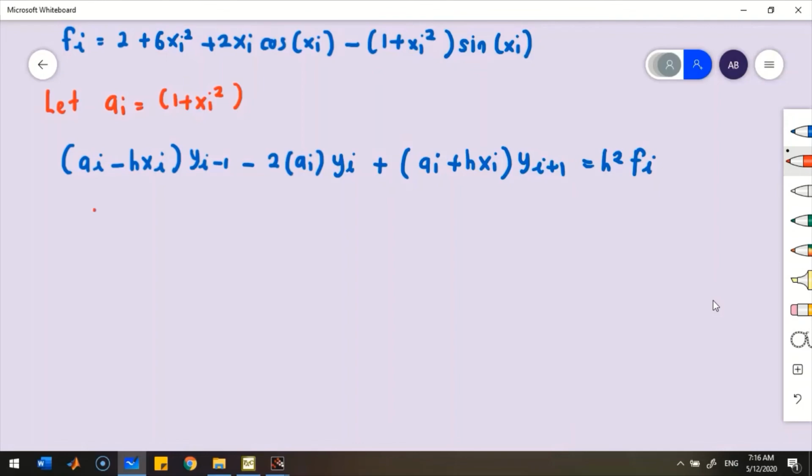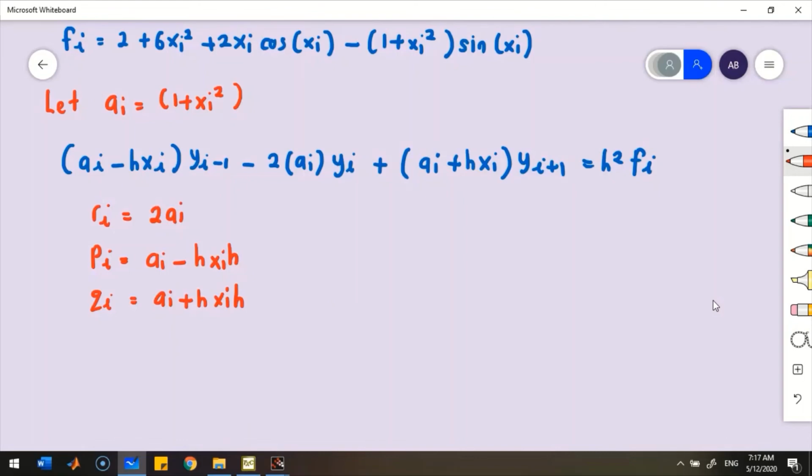Ri. Now Ri can be written as 2ai. I also want to write it as pi equals ai minus hxi h, and then qi equals ai plus hxi h.